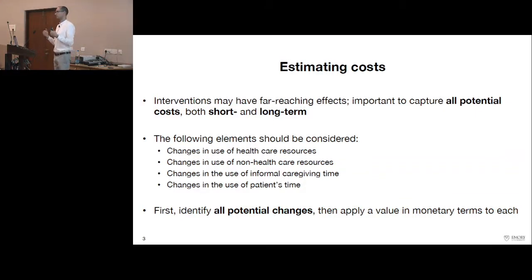So for example, if we're evaluating a new follow-up regimen after a surgery versus no follow-up after the same surgery, we don't really care about the cost of the actual surgery, because the costs of the surgery will appear in alternative A and alternative B. So when we take the incremental cost, they will even out. So we don't really have to worry about that. We really care only about the changes in resource use.